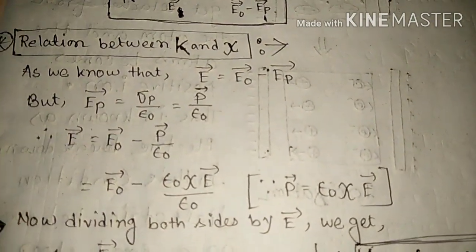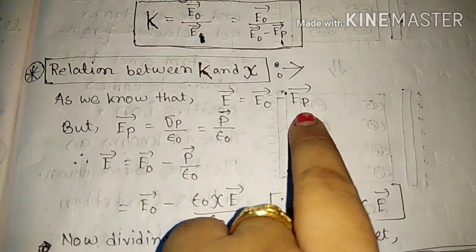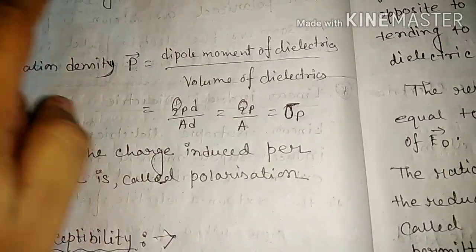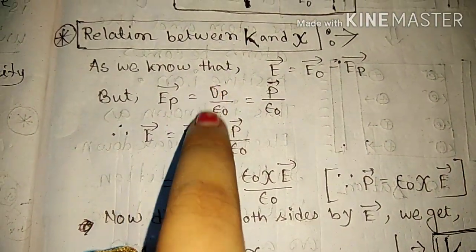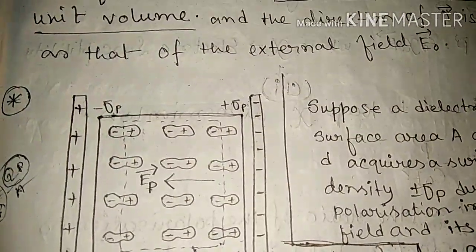Now this dielectric constant and electric susceptibility are related to each other, and now we establish the relation between them. As we know, E equals E0 minus EP, and the polarization vector P equals sigma P, and EP equals sigma P by epsilon naught, because these two plates act as a thin sheet.